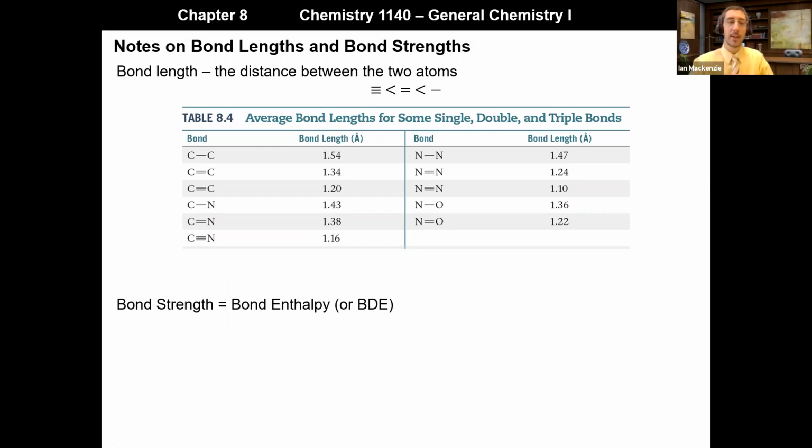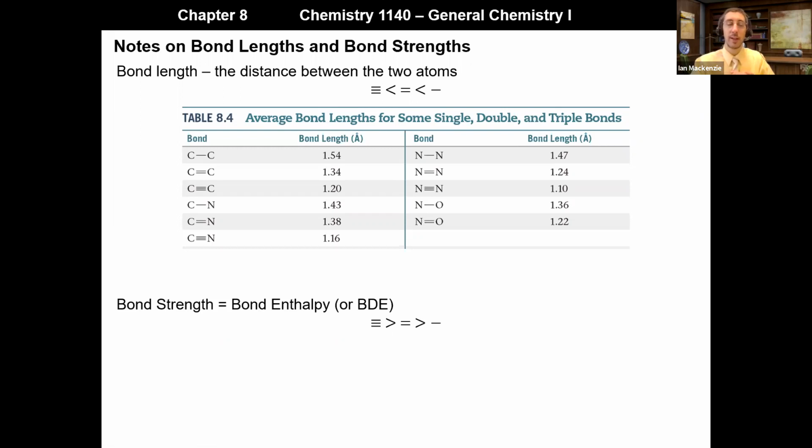Now the second thing is bond strength. It turns out we've actually talked about bond strength before when we talked about bond enthalpy or bond dissociation energy. These are measures of bond strength, how strongly held the two elements are to each other, how difficult it is to break them apart.